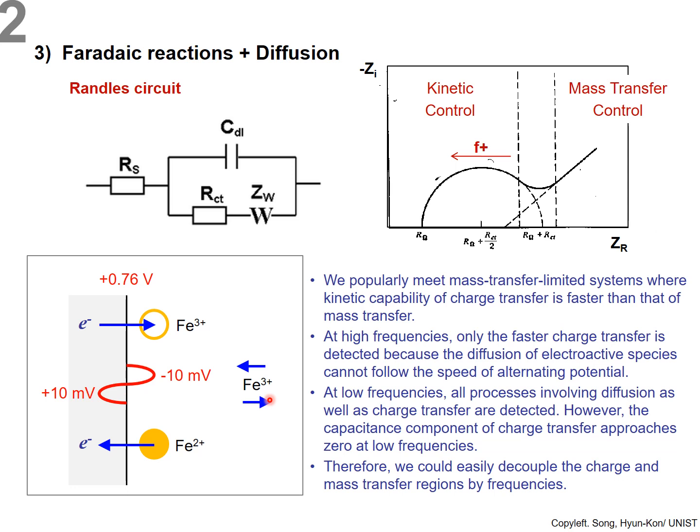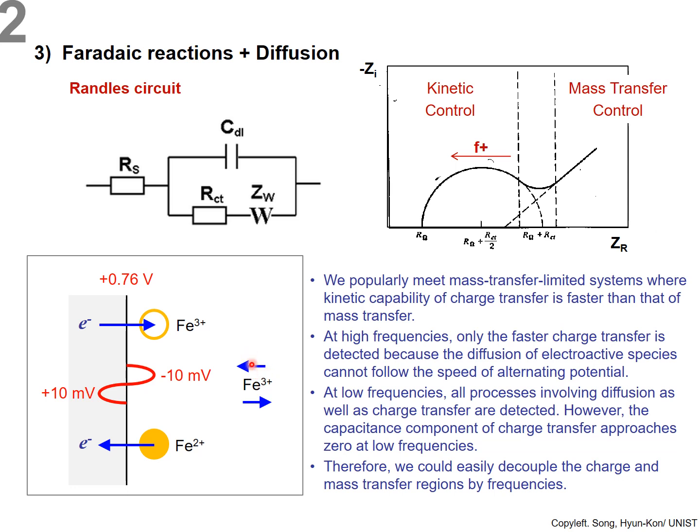So let me think about the situation at very fast alternation of plus 10 millivolt and minus 10 millivolt. Okay, so we are going to the minus 10 millivolt at +0.76 volt. Then Fe3+ is trying to go to the surface of the electrode to provide more Fe3+ into the electrode. However, I have said the movement is very slow.